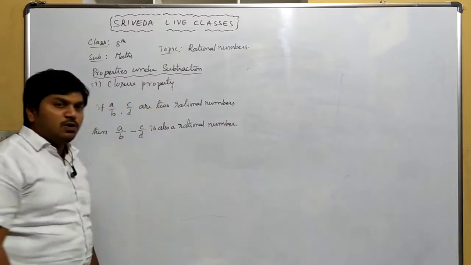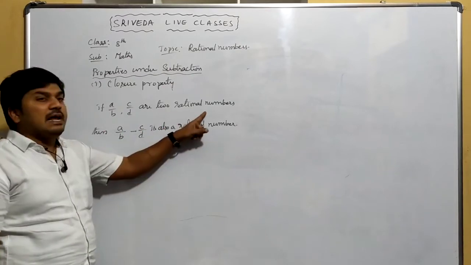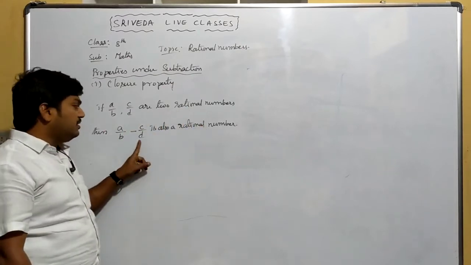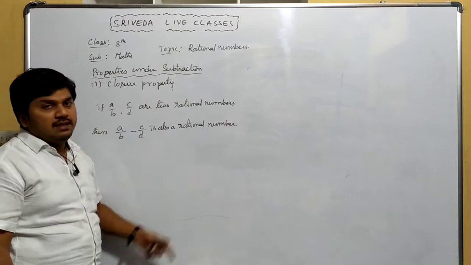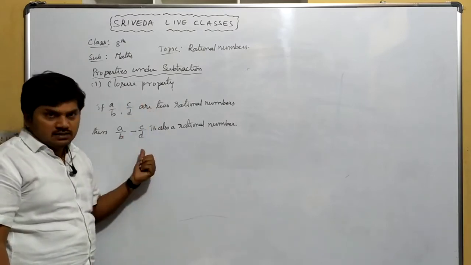Then it is called the closure property. Here a by b and c by d are two rational numbers and the difference is also a rational number. Then we can say that it satisfies the closure property under subtraction.